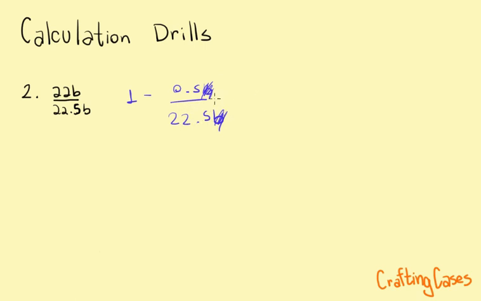I have an easier way to look at this. 0.5 in 2.5 is 20%. 0.5 in 22.5, actually 2.5 in 22.5. Sorry. Here we go. 4 of these are 10, 8 of these are 20, so it's 1/9.